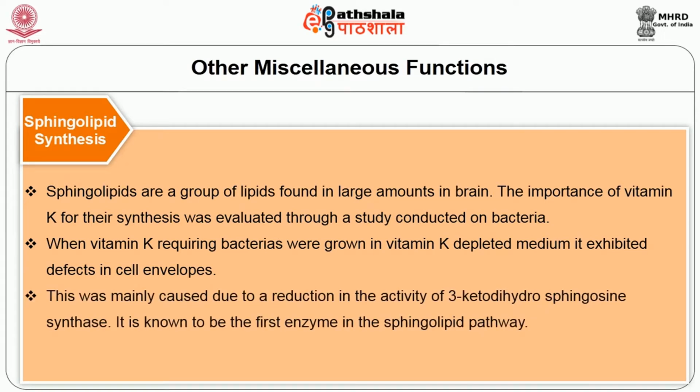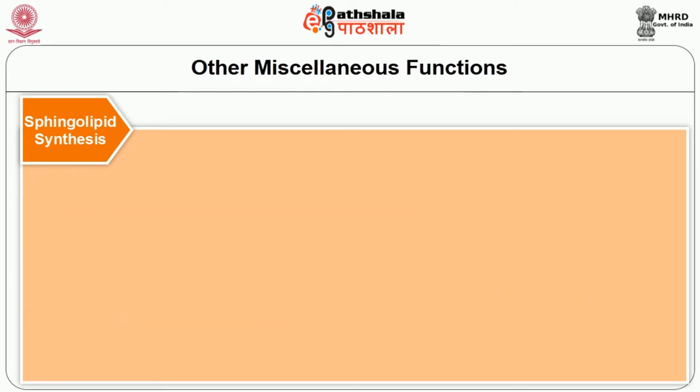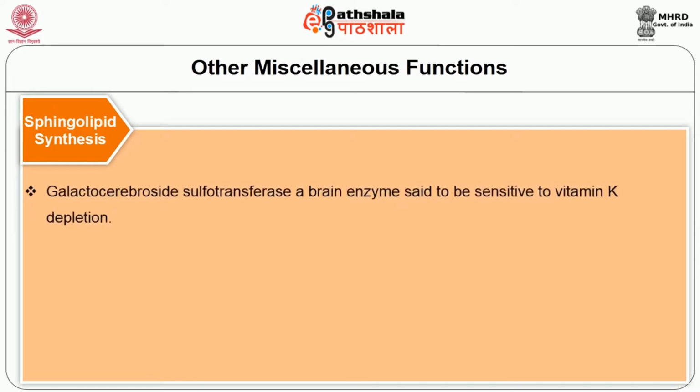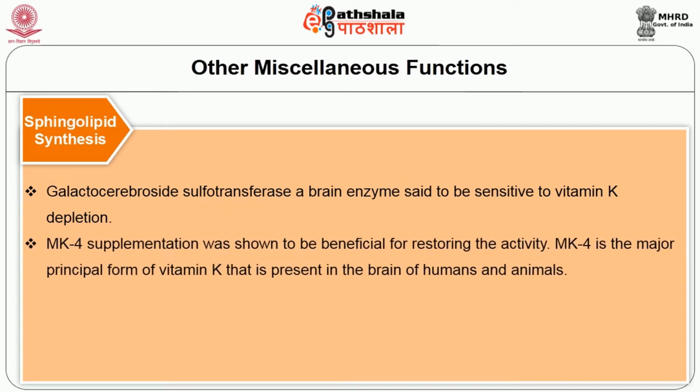This was mainly caused by a reduction in the activity of 3-keto-dihydrosphingosine synthase, which is known to be the first enzyme in the sphingolipid pathway. Galactocerebroside sulfotransferase, a brain enzyme, is said to be sensitive to vitamin K depletion. MK4 supplementation was shown to be beneficial for restoring the activity.